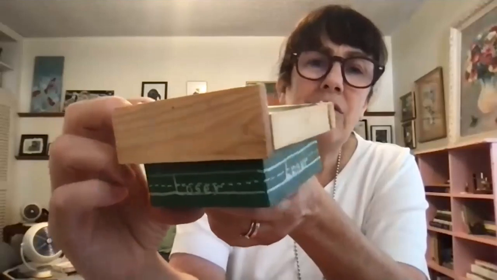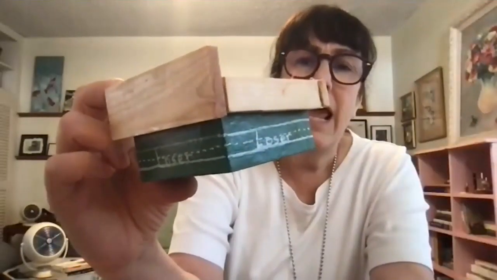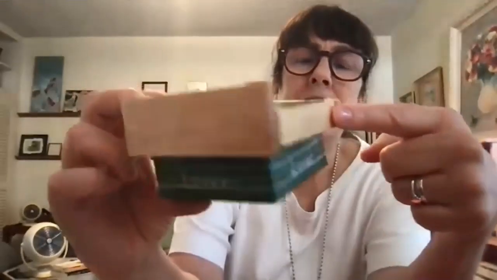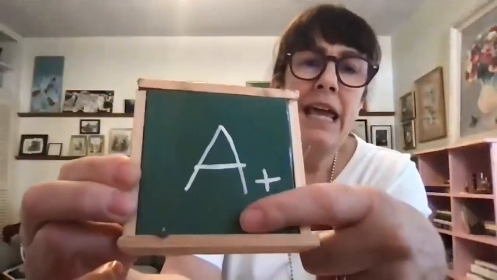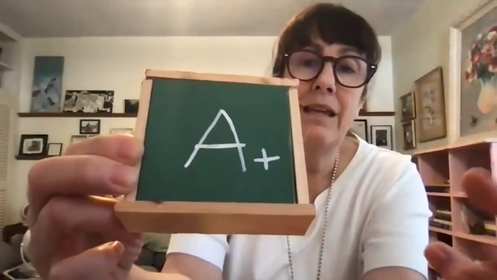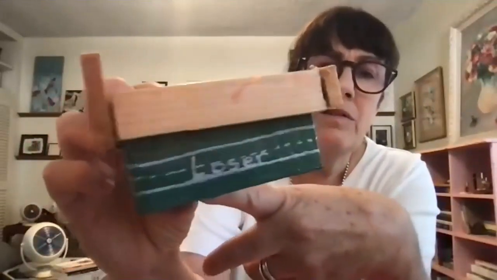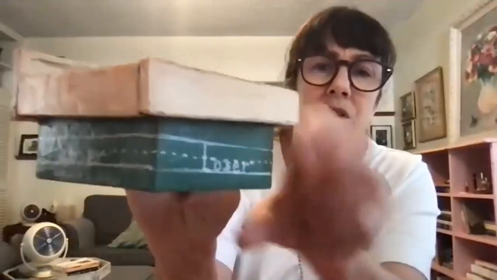This started out as just one of those craft boxes, and the student added wood, made it look like a chalkboard because a lot of the setting is in a classroom, and all the way around the edge wrote Loser, the title of the book. Jerry Spinelli is the author of Loser, and he's a wonderful author. I'm not going to go inside of that one.